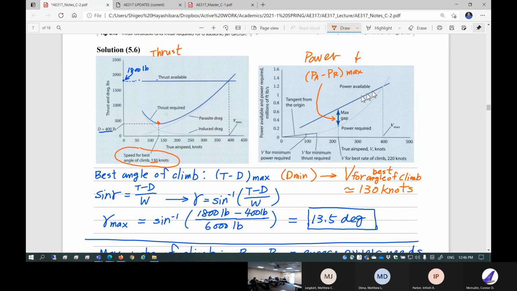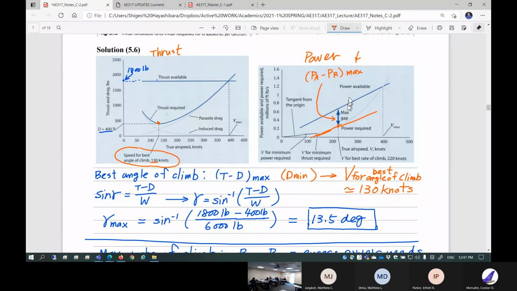In order to determine the maximum gap, this is what I do. I'm going to draw a line of power available, and then I'm going to slide it over until that parallel line touches the power required curve. So this is the parallel line shifted downwards, and that line is touching the power required curve.